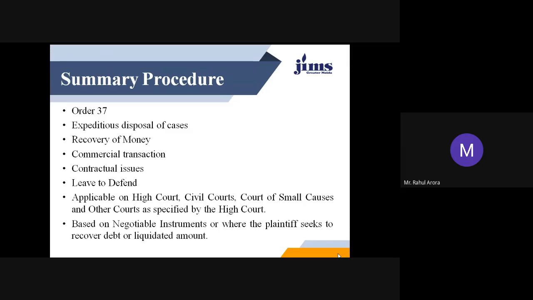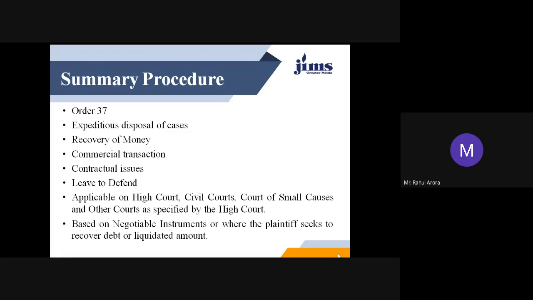So, my dear students, from this you may infer that there is an interplay between the Negotiable Instruments Act as well as the Code of Civil Procedure, meaning thereby there is an interconnection or interrelationship between the Code of Civil Procedure and the Negotiable Instruments Act.